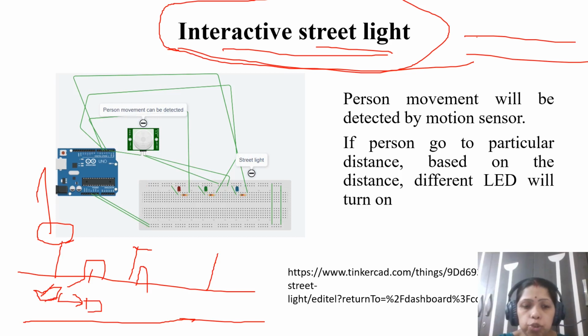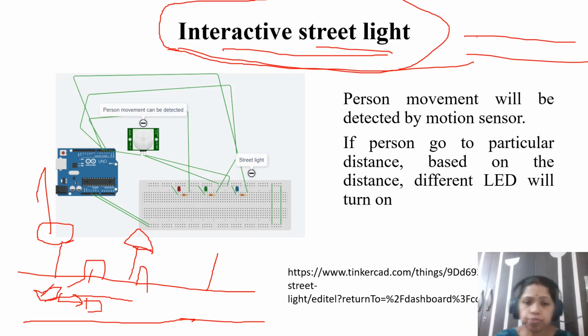When the object moves away from the street light and goes towards the second street light, the motion sensor will detect another distance between the sensor and the object. Based on that distance, the second LED will be turned on. Each motion sensor is connected with different LEDs.